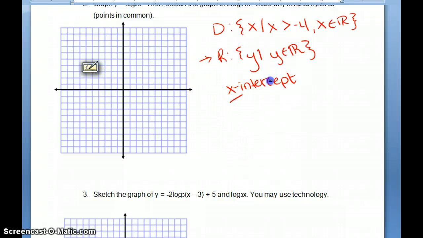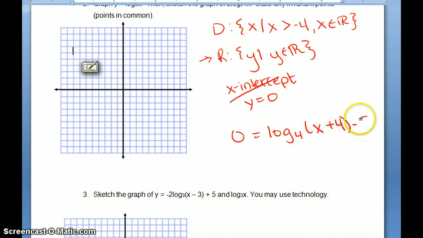So that is where y is equal to 0. So we have 0 is equal to log base 4 of (x + 4) minus 5. Then we're going to solve for our logarithmic function, so we'll move -5 to the other side, so we'll add it.